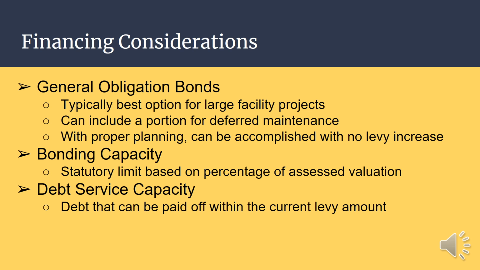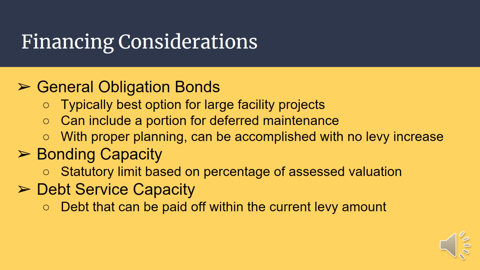The planning for this analysis that you're going to see coming forward is scenarios with no levy increase in terms of our debt service levy. The district is limited in terms of how much money it can borrow. It's called our bonding capacity, and it's based on a percentage of our assessed valuation throughout the district.